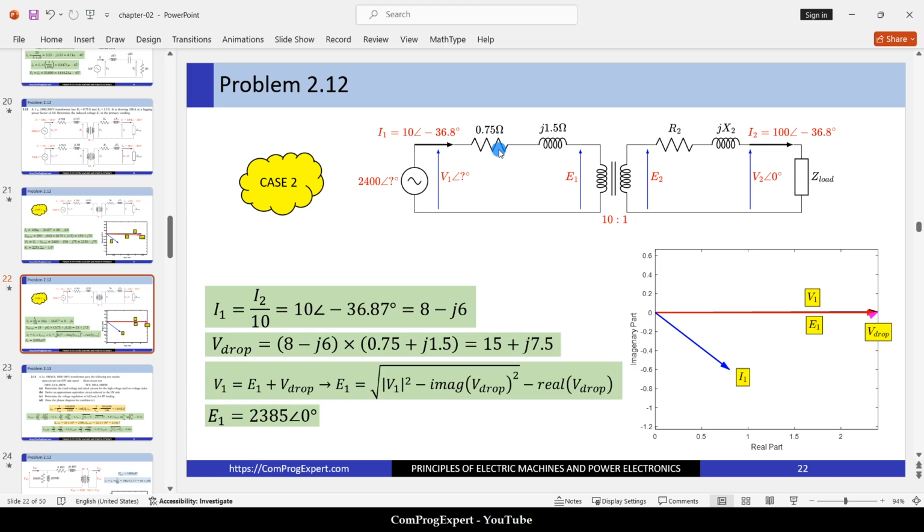We shouldn't have a high voltage drop on the primary resistance and the leakage reactance. Otherwise, the efficiency of the transformer will be low.